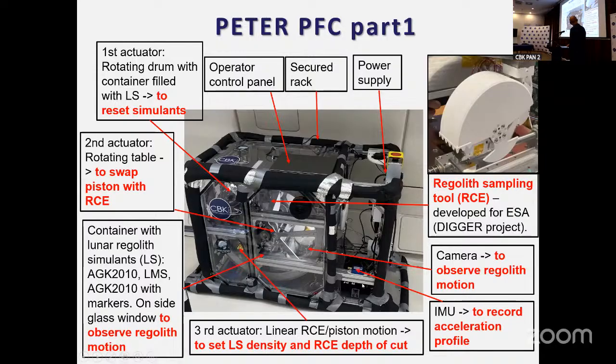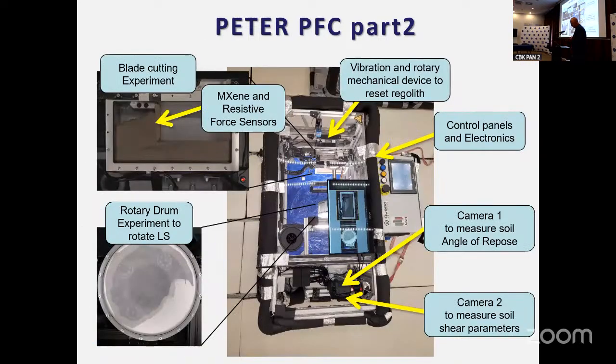And we have inertial measurement units to record the acceleration profile during the flight. The whole system is in a big casing with the power supply, the laptop, etc. Okay, this is PETER Part 1. PETER Part 2 was developed by AGH University of Technology, and generally there were two experiments inside.